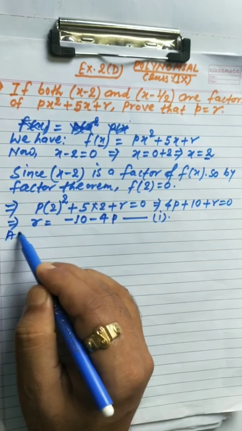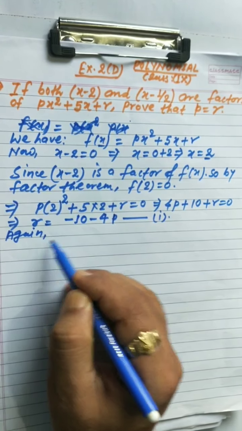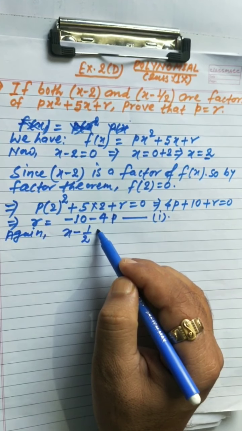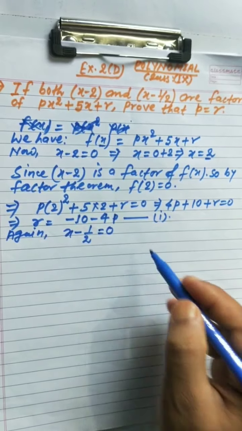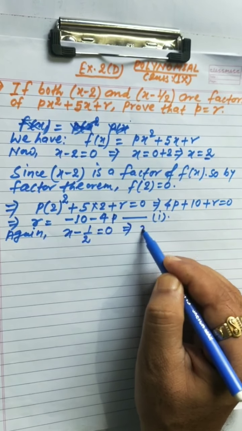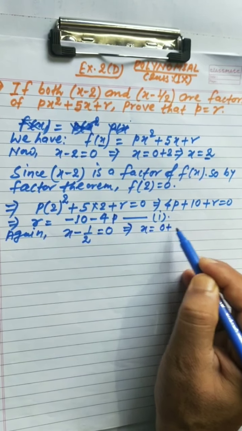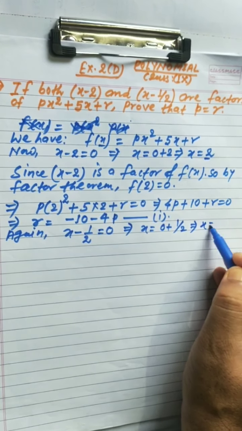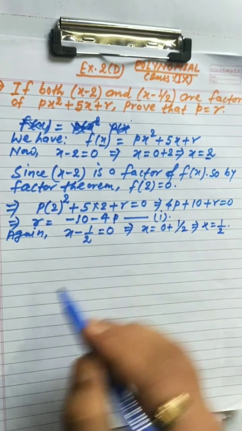Again, another factor is also given. Another factor is x minus 1 by 2 is equal to 0. This implies that x will be equal to 0 plus 1 by 2. This implies that x will be equal to 1 by 2.